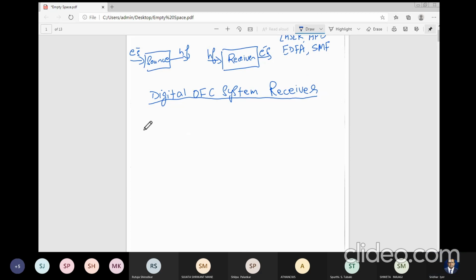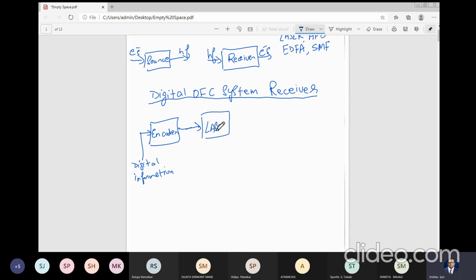So as the first block, we have an encoder, and this will be the source. This will be the digital source or digital information, if you want to call it. Then we have the laser.